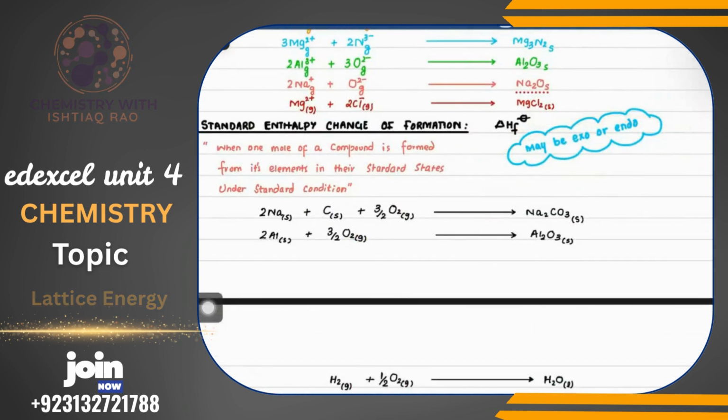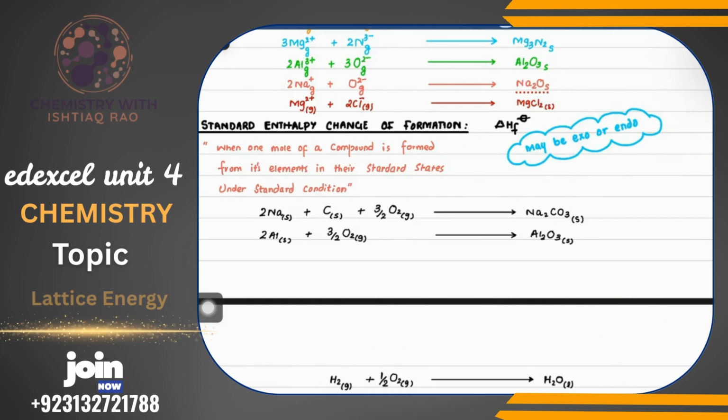This is a very important thing. Formation may be exothermic, it may be endothermic. It's not fixed. Sometimes it may be exothermic, sometimes it may be endothermic. If you remember, in unit 2 you used to have the values for the enthalpy changes of the reactants and the products. We used to apply the formula product minus reactant.